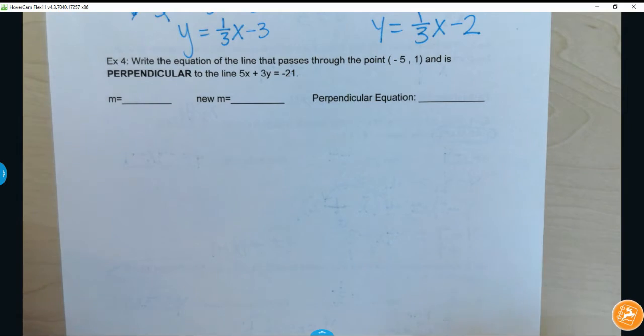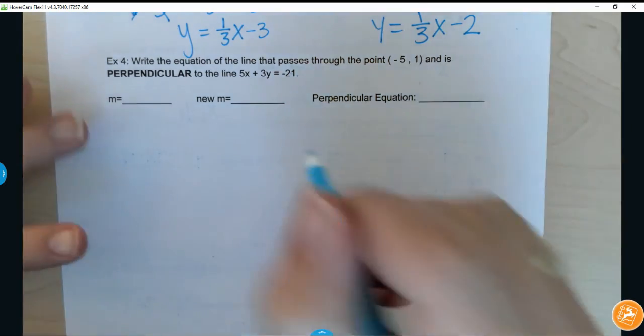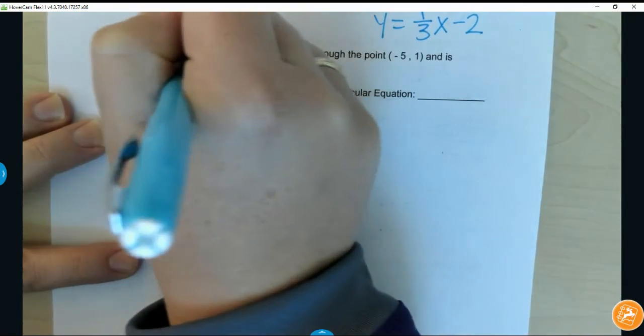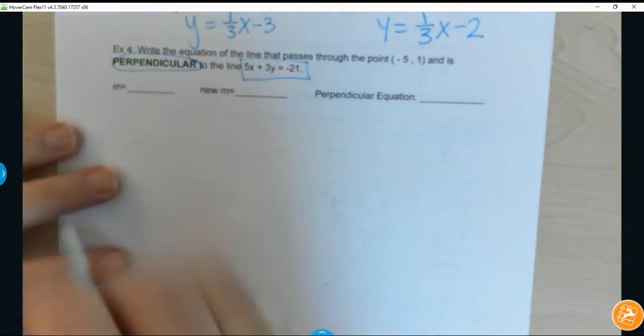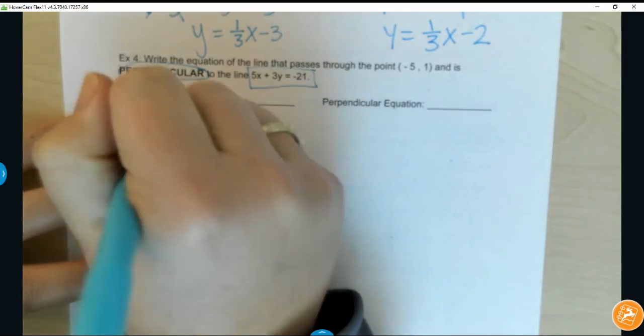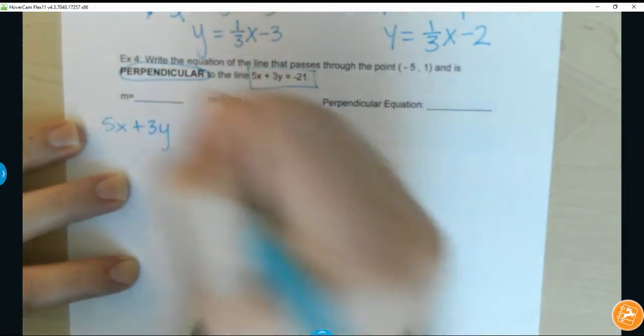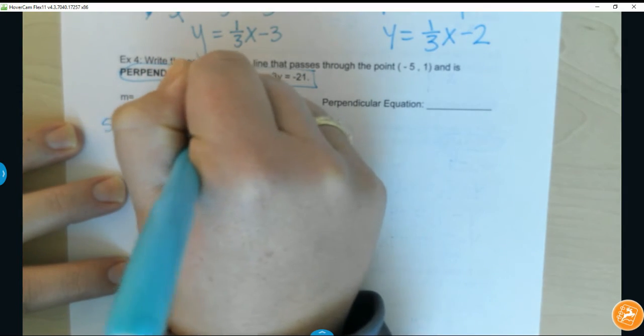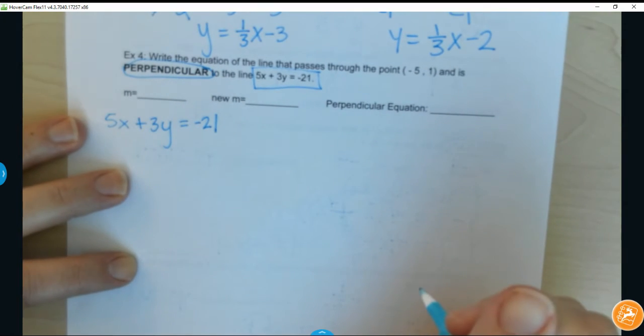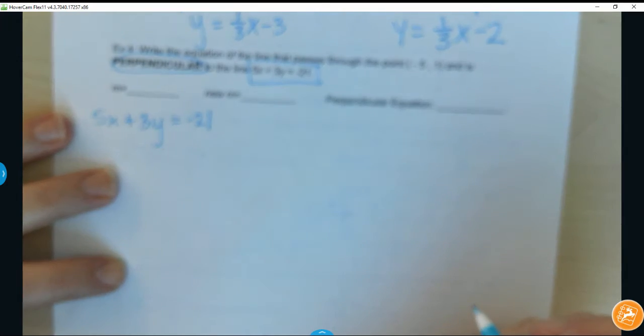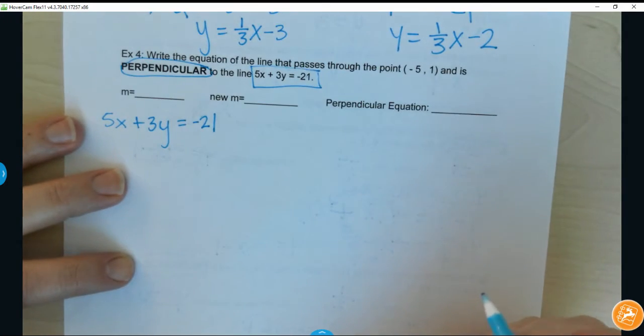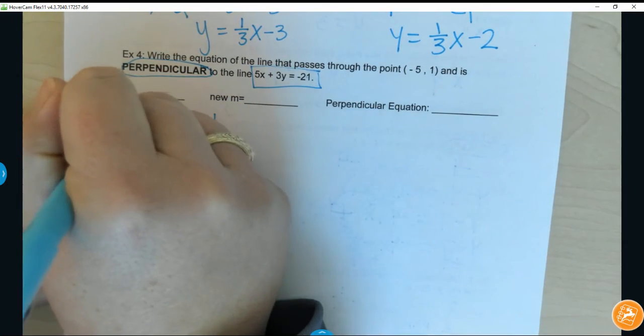There we go. So, perpendicular, again, opposite reciprocal, but we have to solve for y. So I'm going to write that here, 5x plus 3y equals -21. I will subtract 5x from both sides.